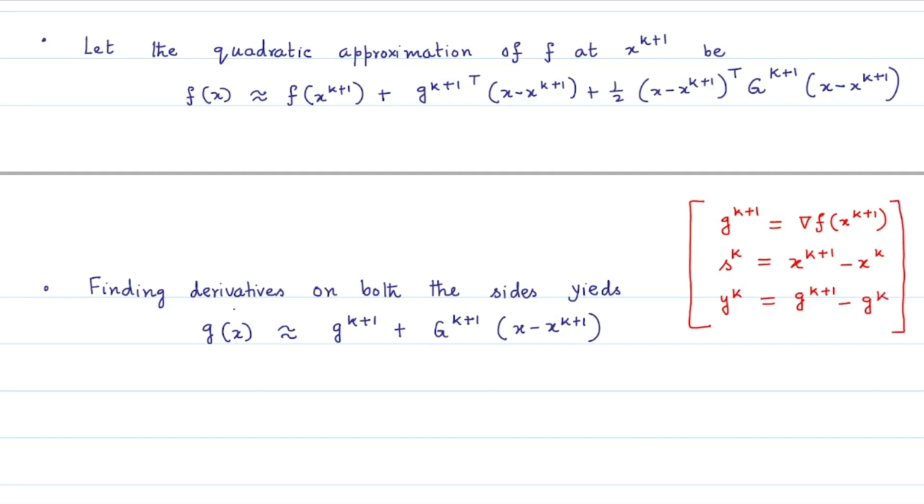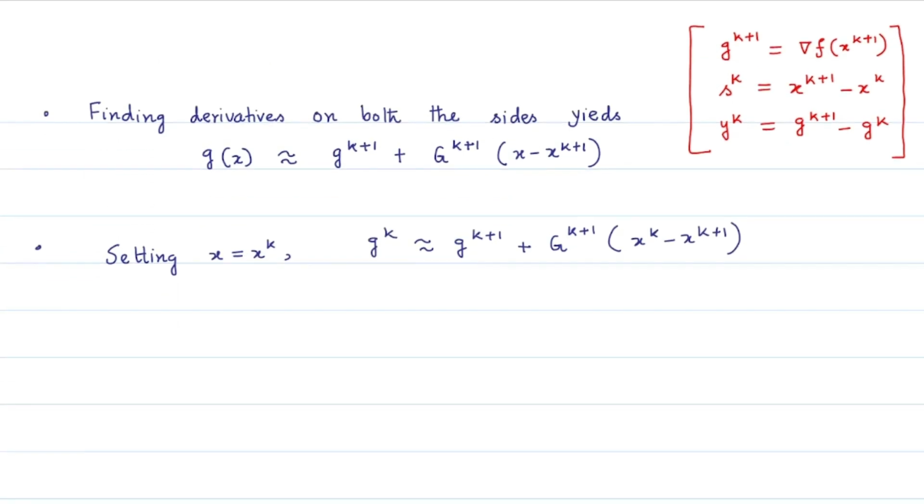Now in this approximate equation, setting x equal to xk, we get on the left hand side gk, that is approximately equal to gk+1 plus capital Gk+1 times (xk minus xk+1).